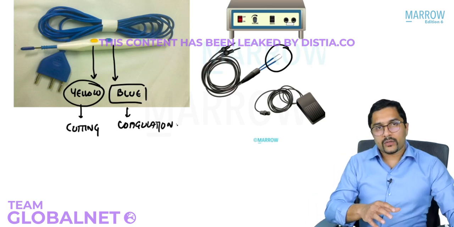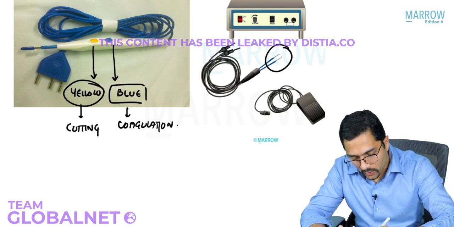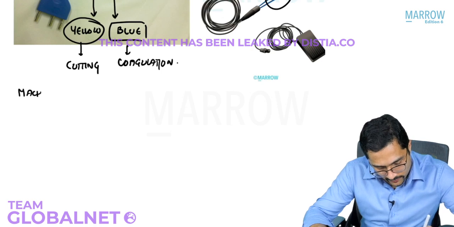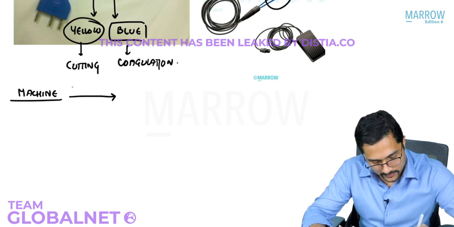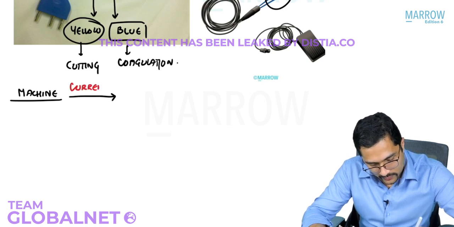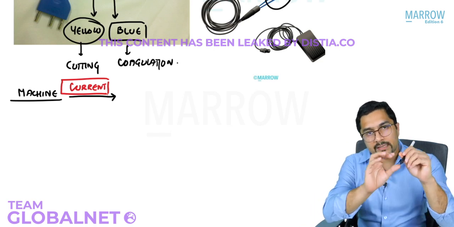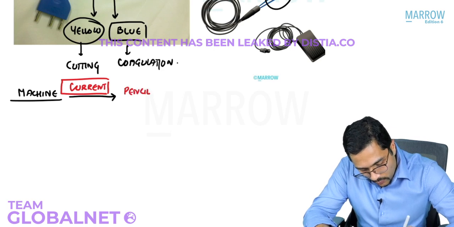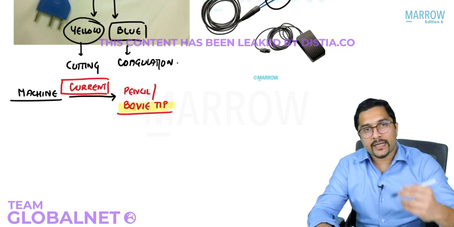We'll talk more about this, but first I want you to understand the principle of how a monopolar cautery works. So, in monopolar cautery, there is a cautery machine, and this cautery machine is going to produce current. Now, this current comes to the cautery pencil or the cautery tip. This is the cautery pencil, also known as the Bovie tip. Bovie was the person who invented cautery.